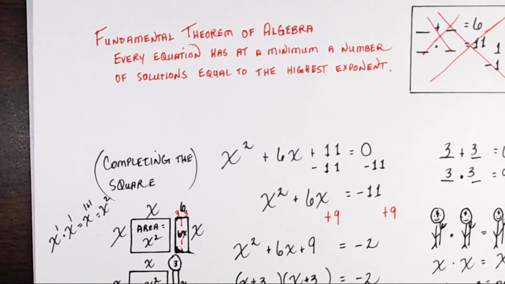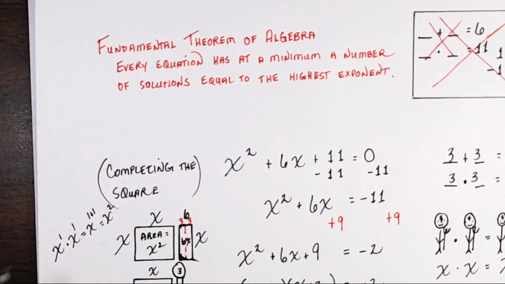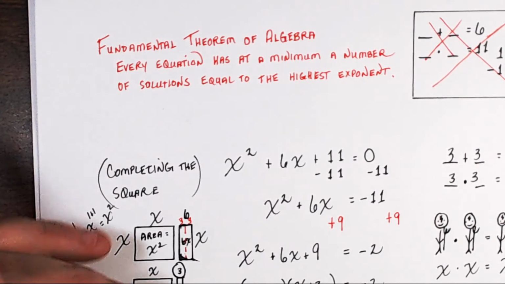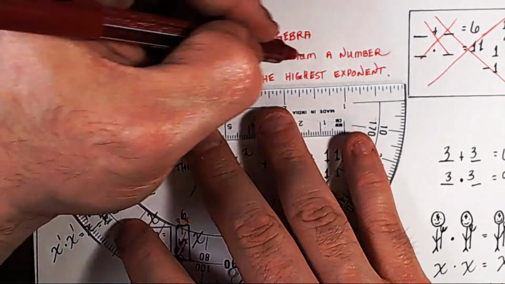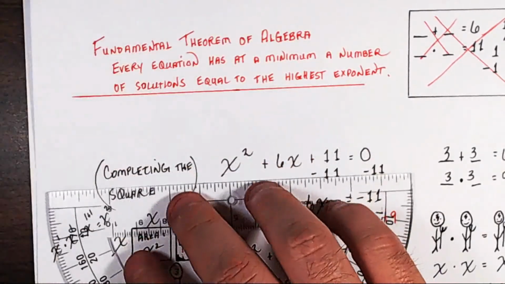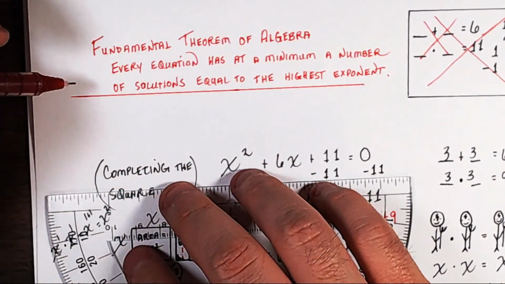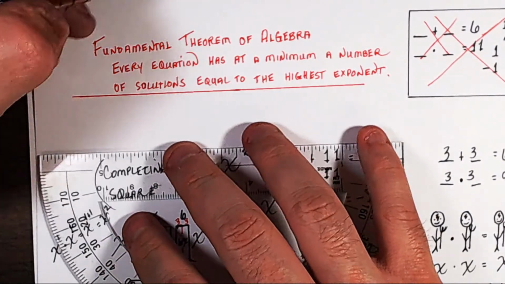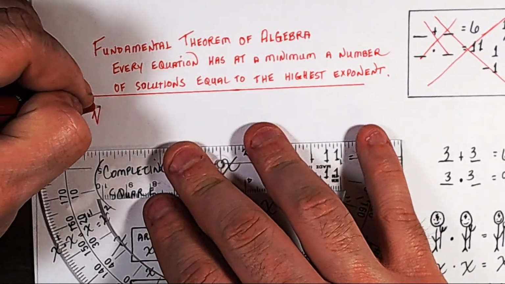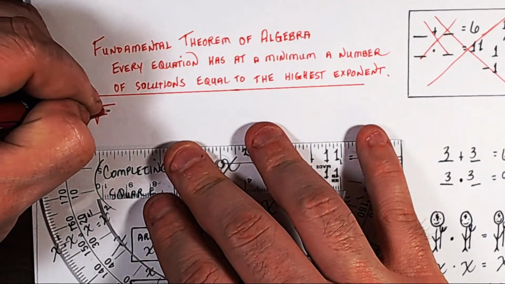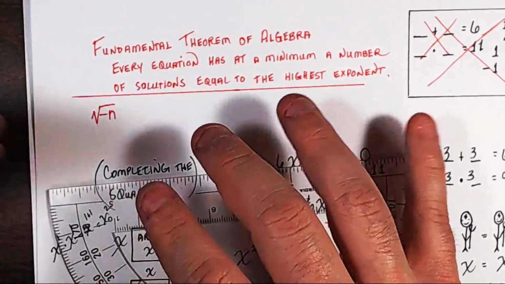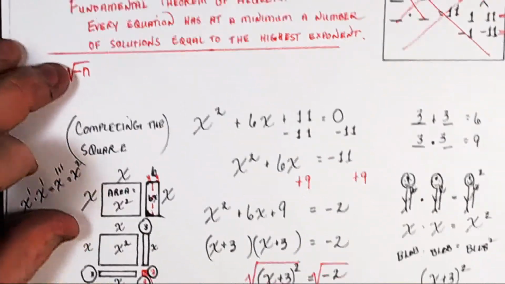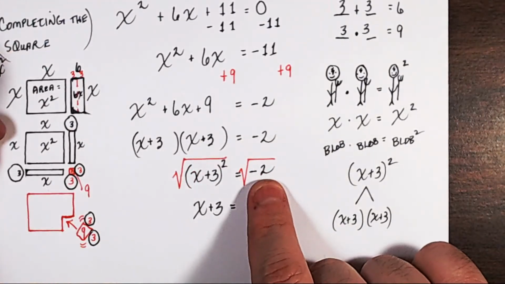And beneath the fundamental theorem of algebra, let's write this. This is almost equally as important as the fundamental theorem of algebra. It's actually part of the fundamental theorem of algebra. The square root of negative n, where n is some number. Okay, so in our case, n is 2.